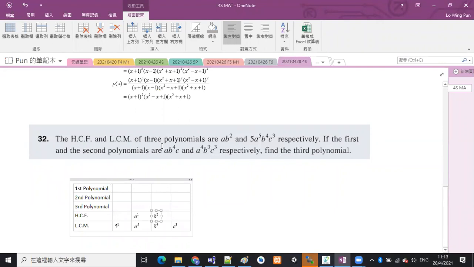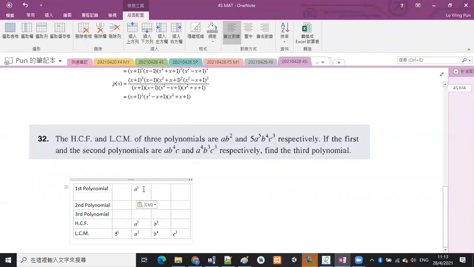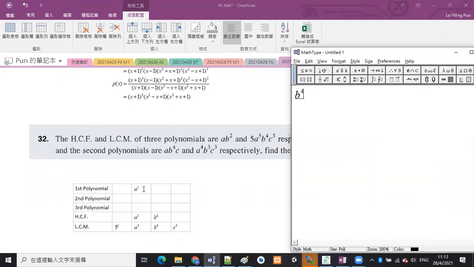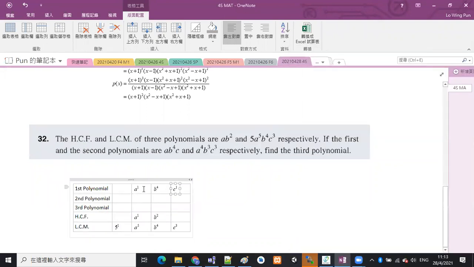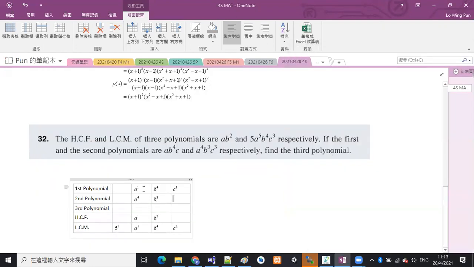Okay, if the first and the second polynomial are this, so we have a 1, and then b 4 and c 1 for the first polynomial. For the second, we have a 4, b 3, and c 3.